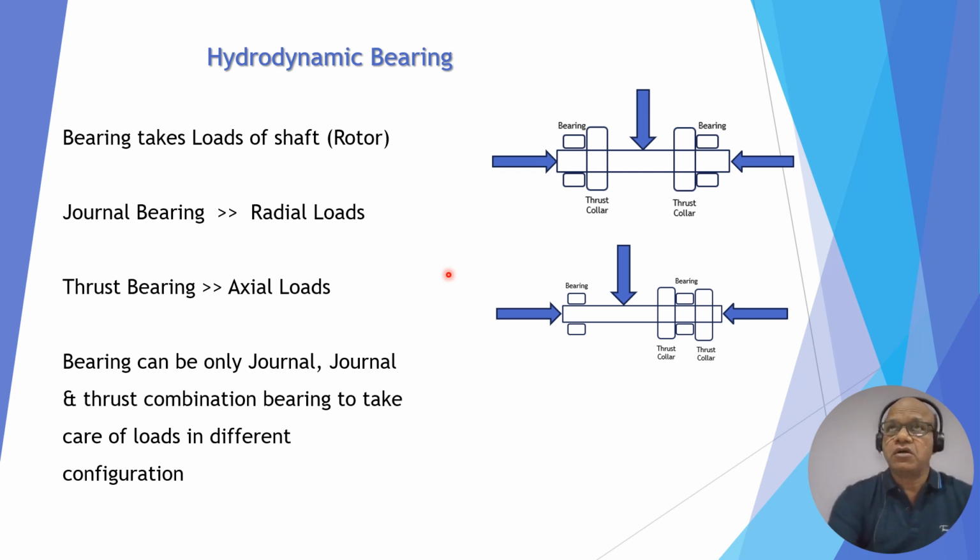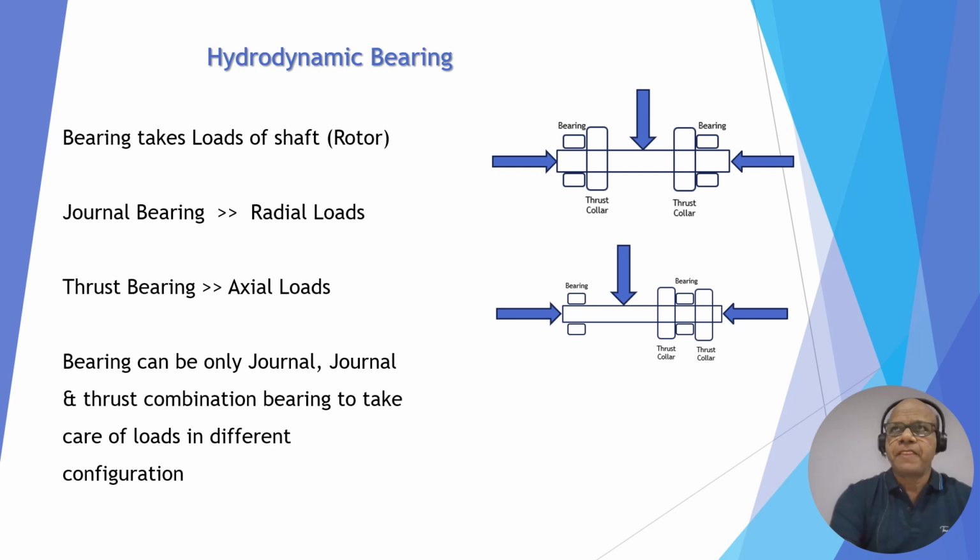But this is one type of load. If the shaft is driven by a gear drive, then the load coming from the gear drive or mesh is also taken care of. And sometimes there is load due to the bending moment. All three types of load need to be considered for the design of the bearing.